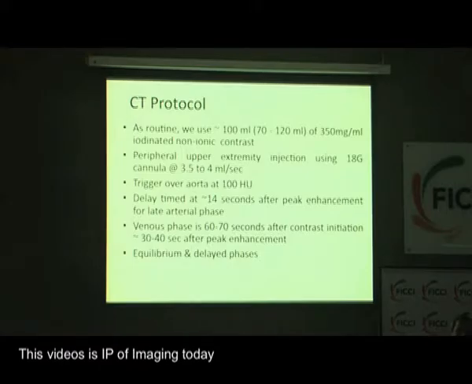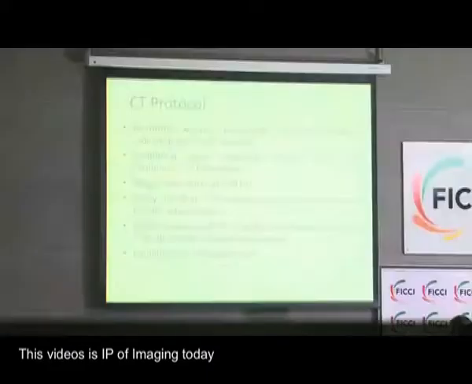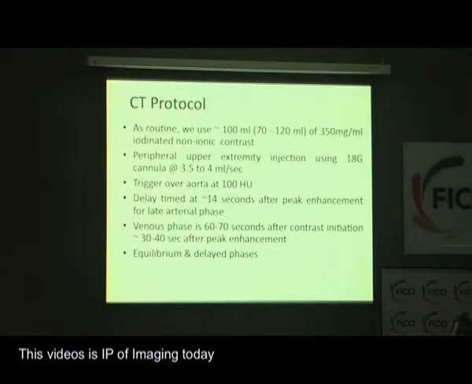One of the reasons I'm showing this slide is that one of the mistakes often made in radiology departments is getting the correct late arterial phase of enhancement. When we use the threshold for a care bolus technique, most CT scanners have a default setting of between 5 and 6 seconds after peak contrast opacification.